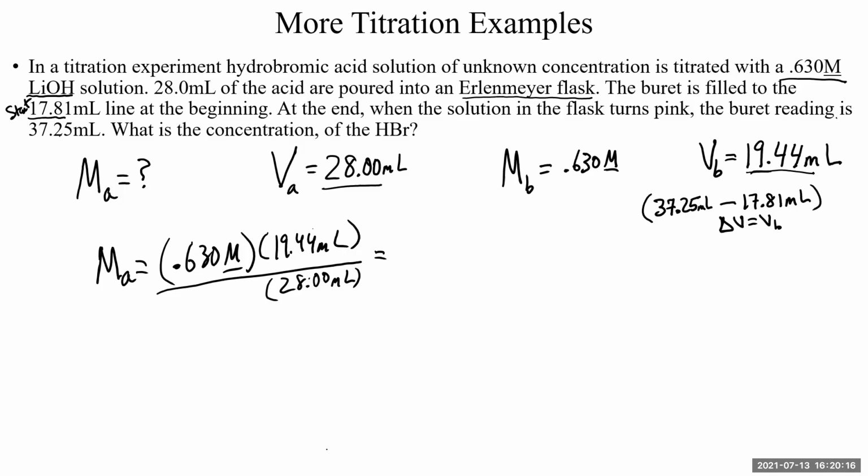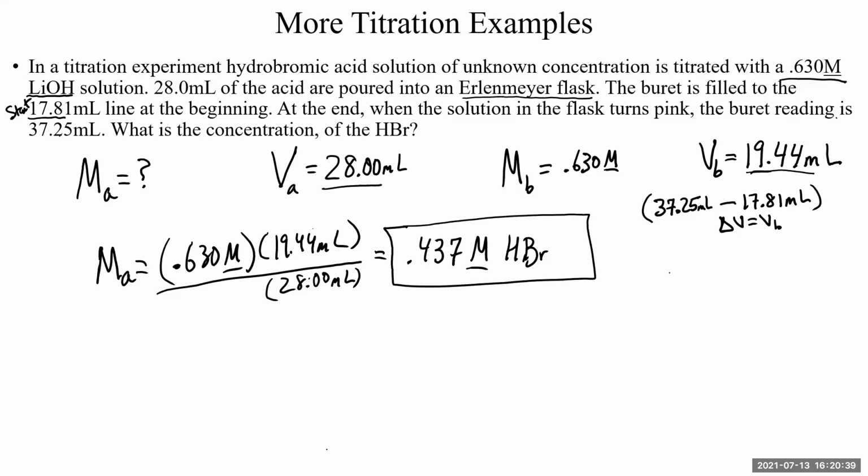The base is punching above its weight class, in a sense. So we get 0.437 molar hydrobromic acid. This time we know the identity of the acid, so I'm just going to write it in, and that is our answer.